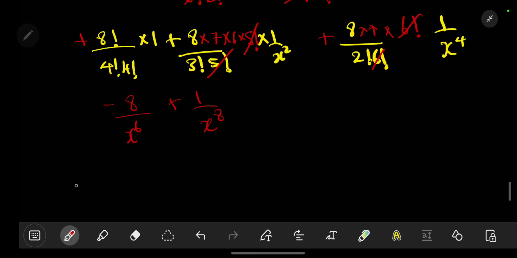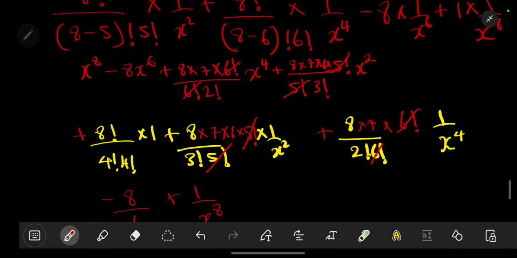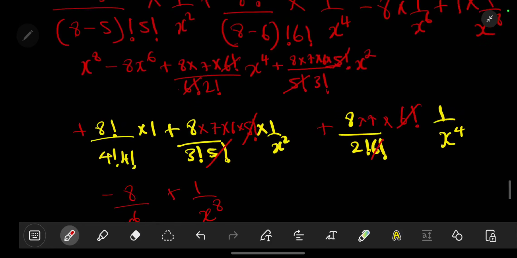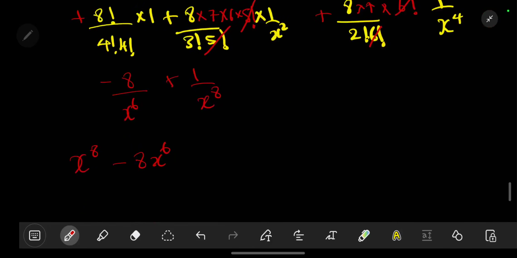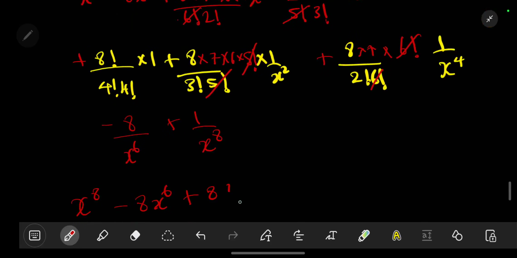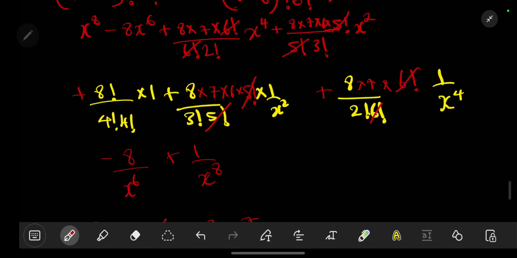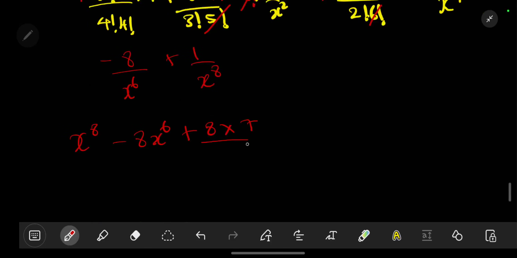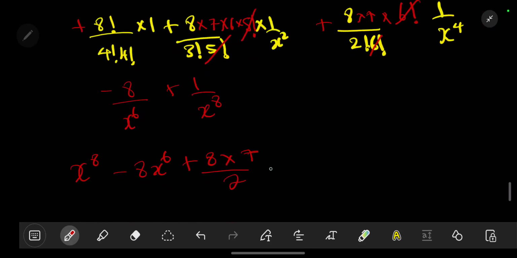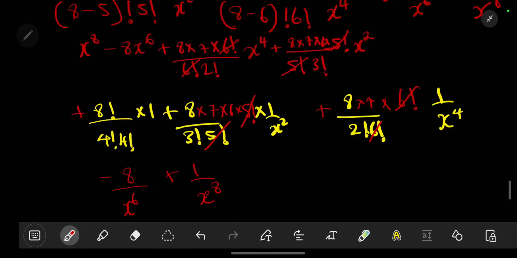We have our x to the power of 8. We have minus our 8x to the power 6. Then we write our plus. Is it plus or minus? Plus our 8 times 7 over our 2 factorial, which is 2, then our x to the power 4.